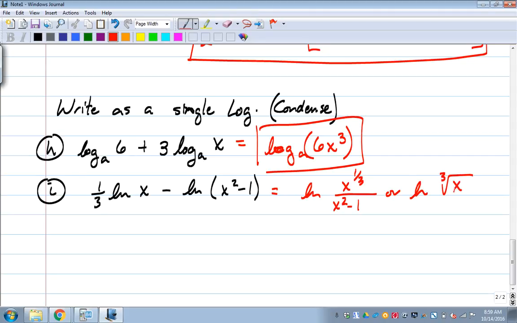Cube root of x over x squared minus 1, either of those would be legal. I think this textbook tends to lean more toward changing that to a cube root instead of leaving it as the 1/3 power. But be mindful that they are the same thing, because you may encounter a textbook at some point in life that doesn't do that, or a problem where they just leave it as an exponent instead of a root there. Not bad at all.